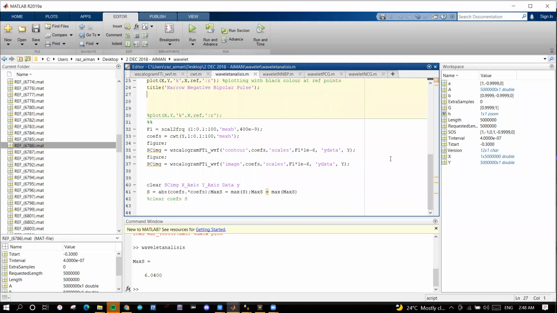Okay, moving to the last section here, which is the wavelet analysis. By running full, I can show how the wavelet analysis characteristic data are extracted.